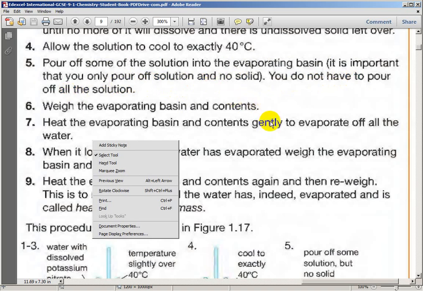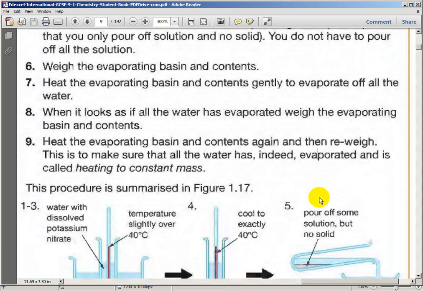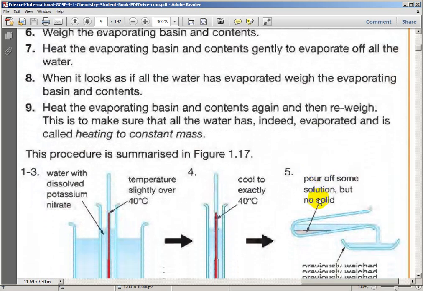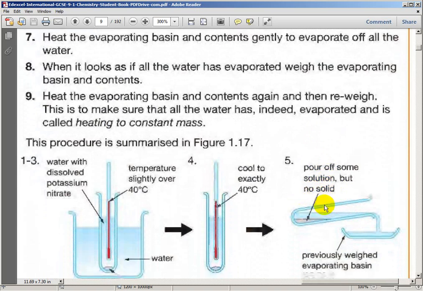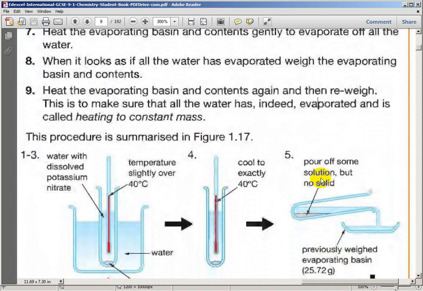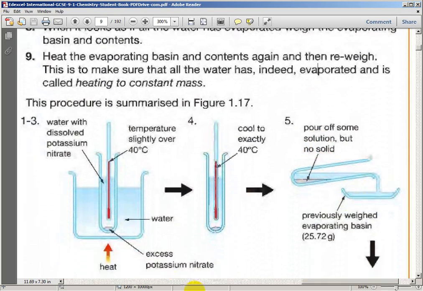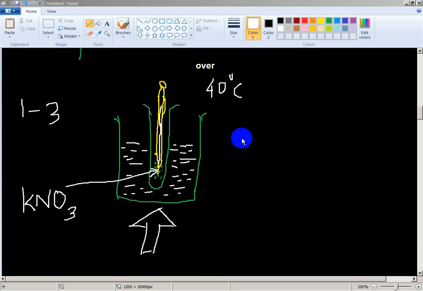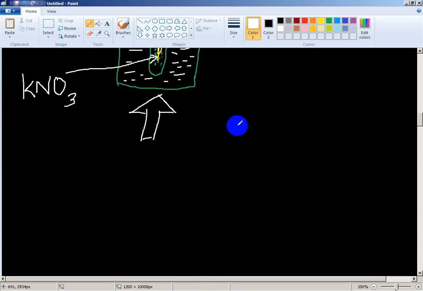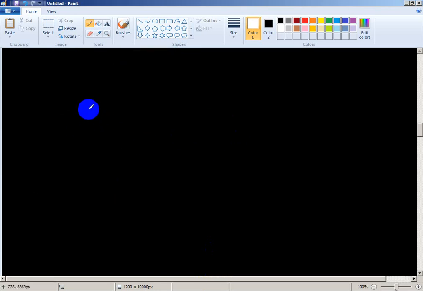You pour off some solution, but not solid, into an evaporating basin. Step 5.